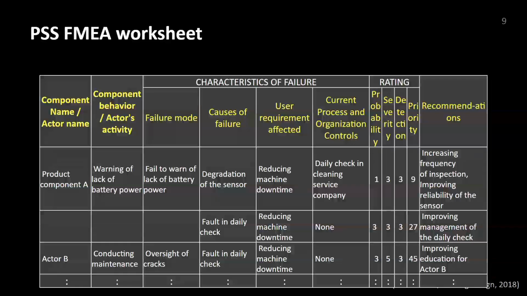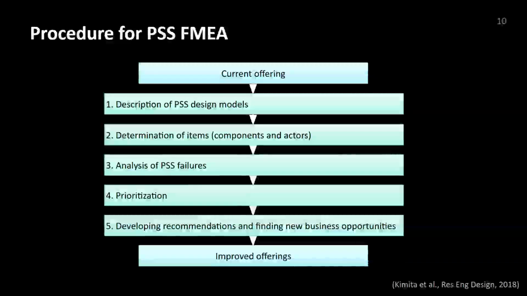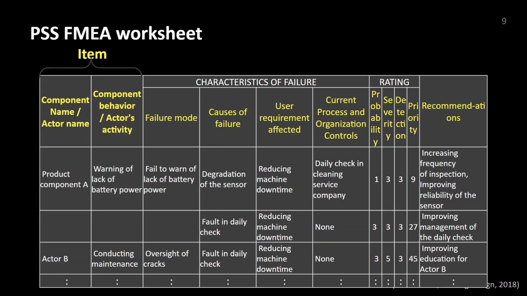Now, the same useful sheet is used for the FMEA of PSS as well. The only difference exists in the most left-hand side. In the product FMEA, there was only one column, and that was the product process, right?